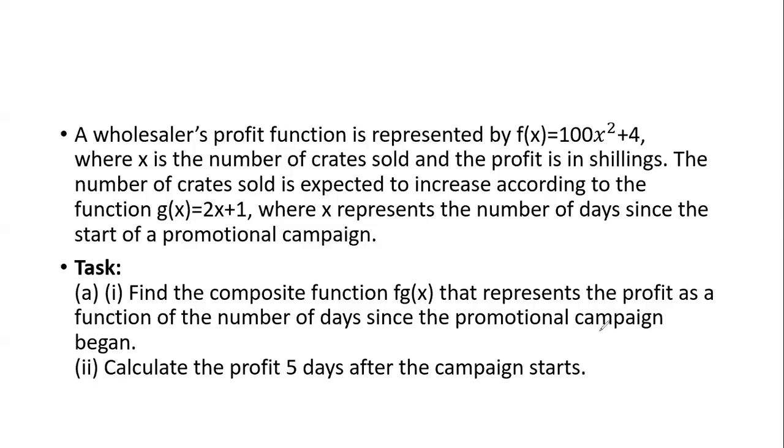Okay, according to the chat, people are coming up with 400x squared plus 400x plus 104. Yes, Chilabo. And that's what people are coming up with. So let's strive to come up with that also.